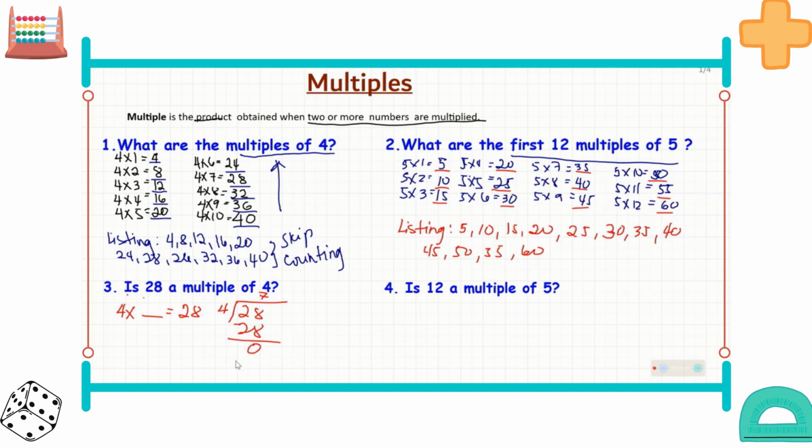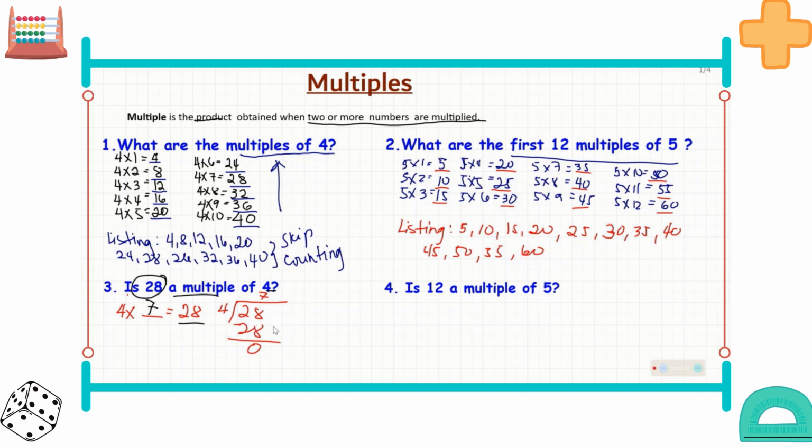Subtracting that gives us a remainder of 0. So if we divide 28 by 4 and there is no remainder, it means 28 is a multiple of 4, because we can multiply 7 by 4. So 4 times 7 gives us 28, and 28 is a multiple of 4.